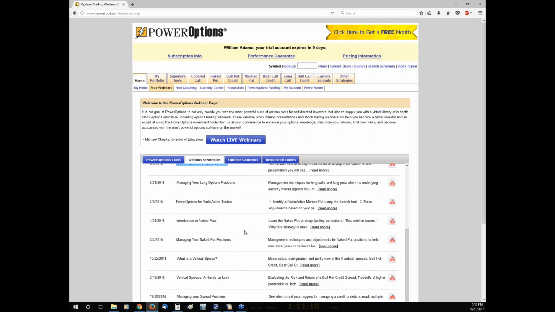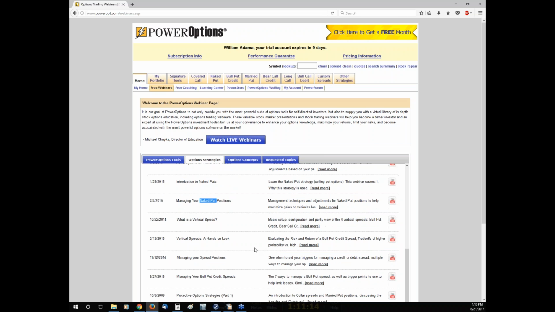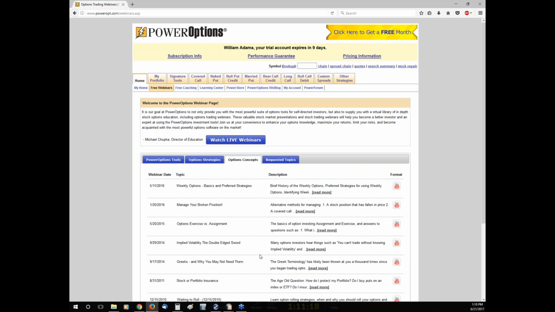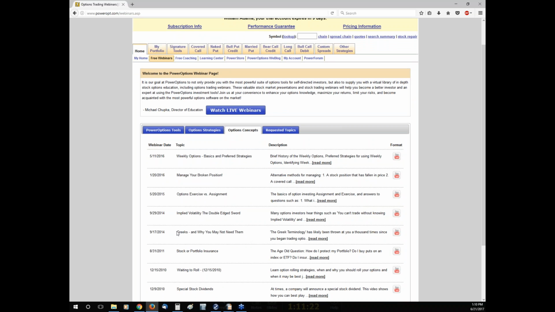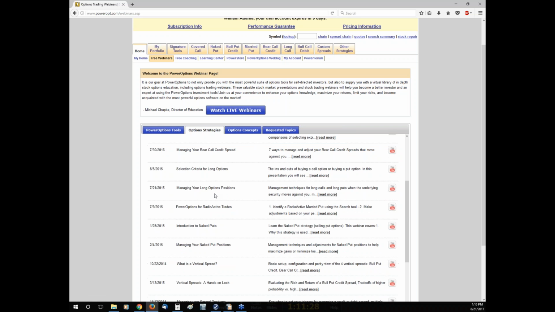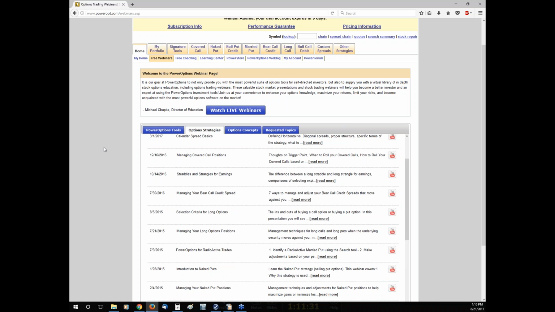But it's also strategy specific. You have introduction here and management on naked puts, covered calls, vertical spreads, and more. And in the options concepts, of course, there's some other discussion you'll see here on Greeks and implied volatility, as well as more. But there's education here in addition to the tools to find the new trades you're looking for.